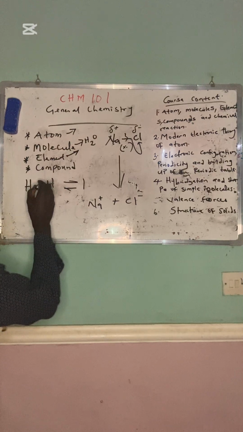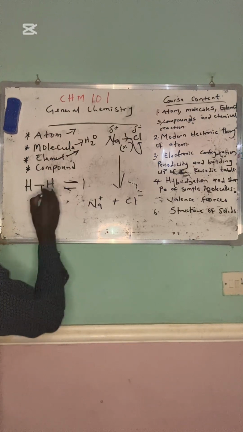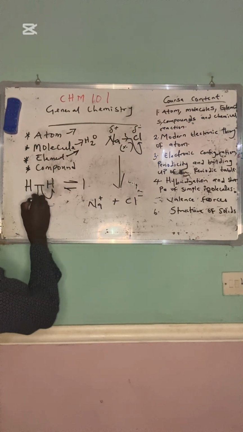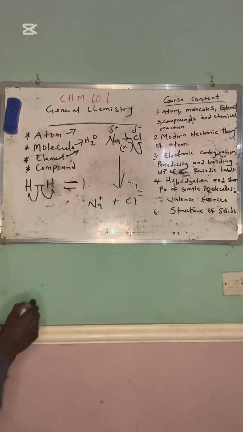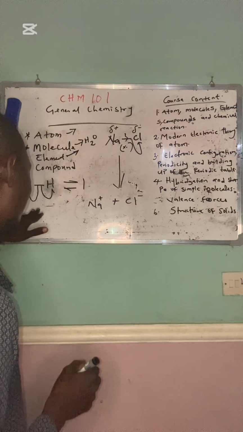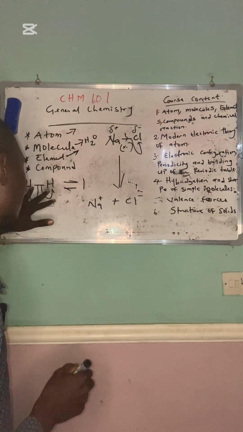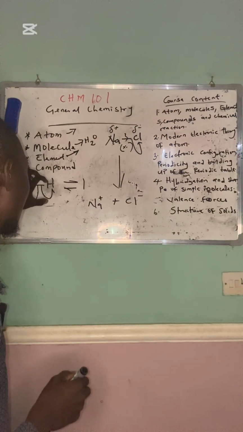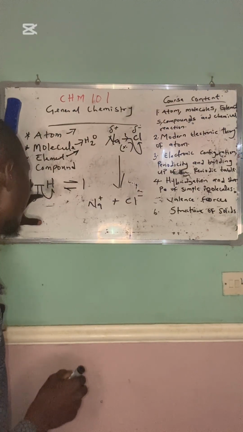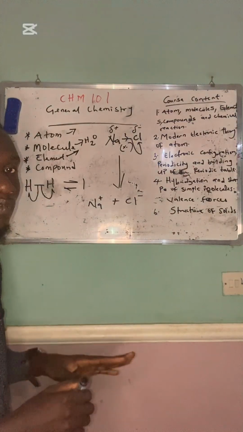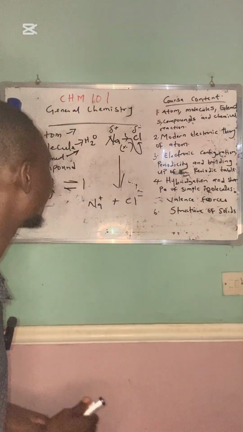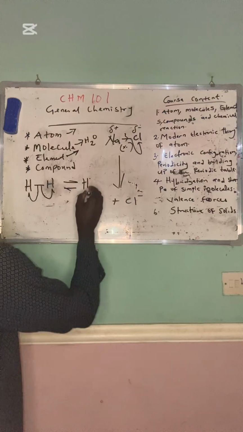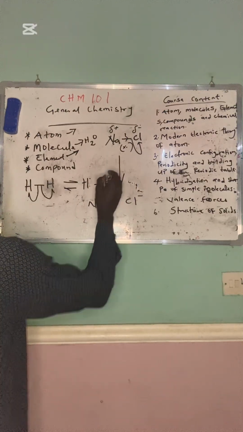So what happens is if there's a cleavage here, there's a breakage of this bond due to a chemical process. This compound splits, and the elements share the electrons involved in the bonding equally. So you have hydrogen radical plus this radical.